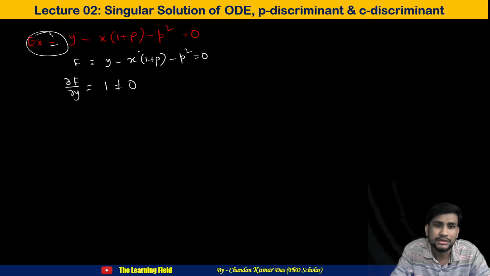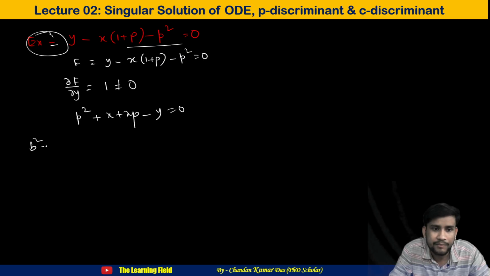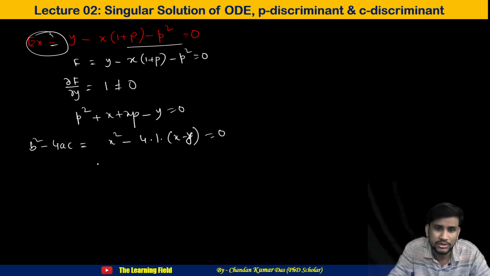As this equation is quadratic in p, we can write it as p square plus xp minus y equal to 0. So b square minus 4ac, the discriminant, equal to x square minus 4 into 1 into (x minus y), equal to 0.